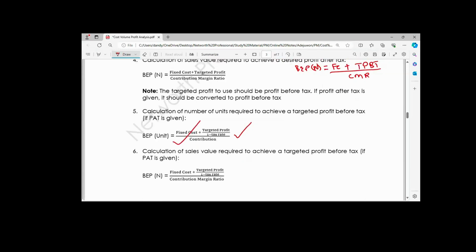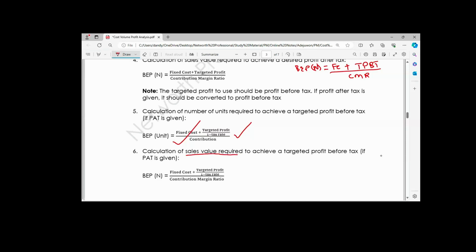The next one, if you are asked to determine the sales value required to achieve a targeted profit before tax where profit after tax is given, provided it's sales value that you want to determine, then the right formula to use is fixed cost plus targeted profits after tax.